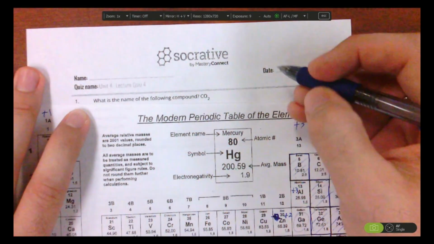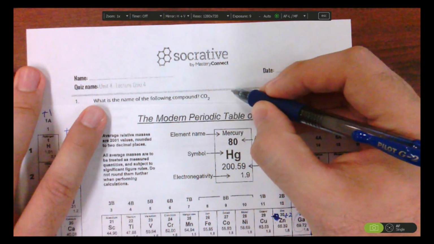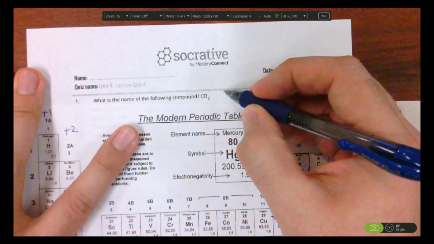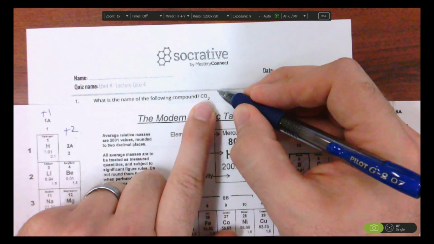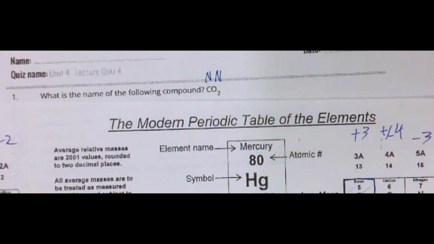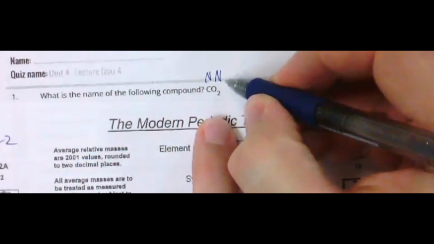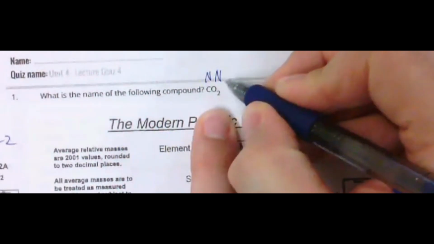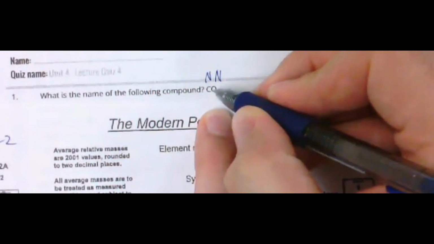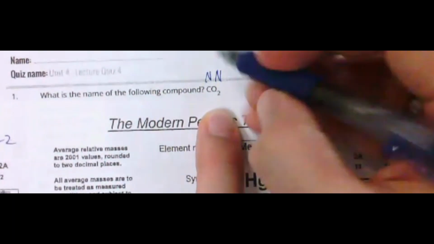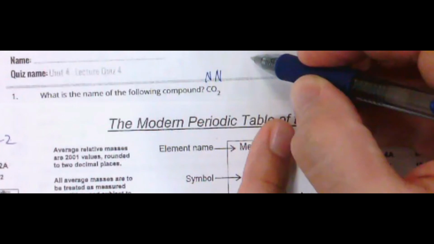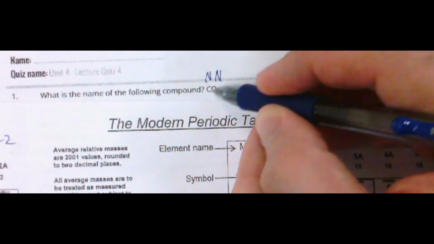So anyway, what is the name of the following compound, CO2? We already kind of did this one. First, ask yourself the question, ionic or covalent? Non-metal, non-metal, therefore it's going to be covalent. So we have to do the prefixes with each one of these.